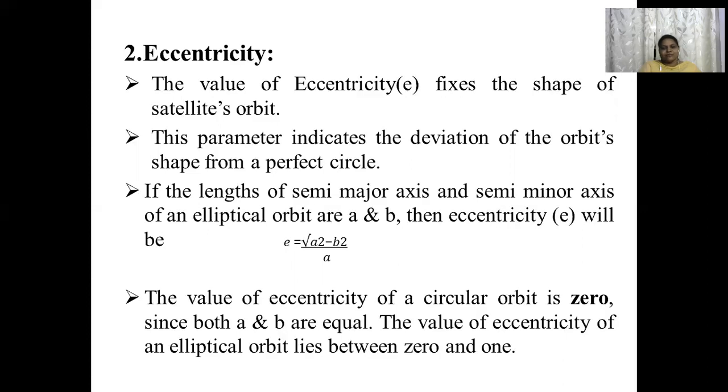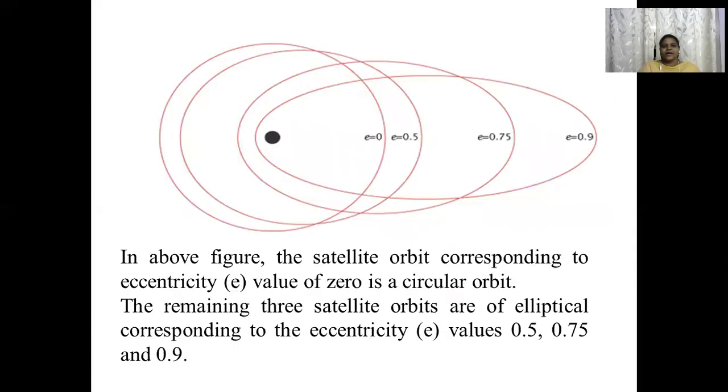If semi-major axis and semi-minor axis are equal, the eccentricity value will be equal to 0. The value of eccentricity of an elliptical orbit lies between 0 and 1. So e lies between 0 and 1.